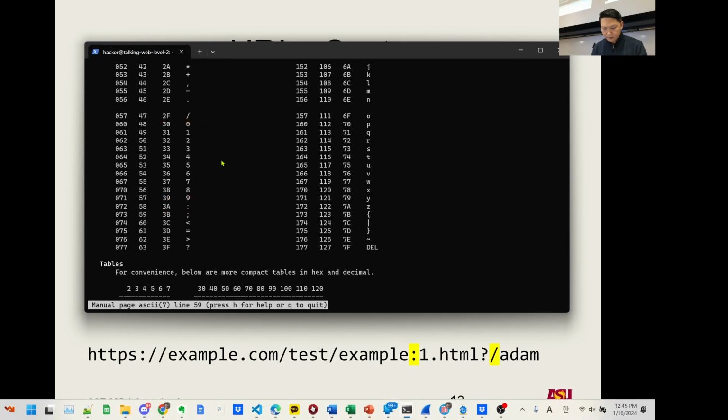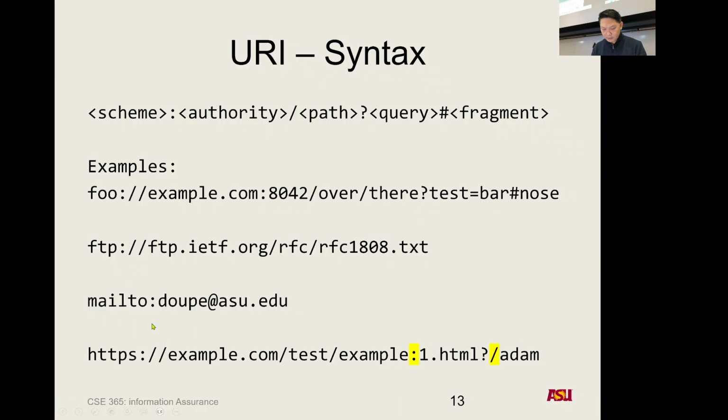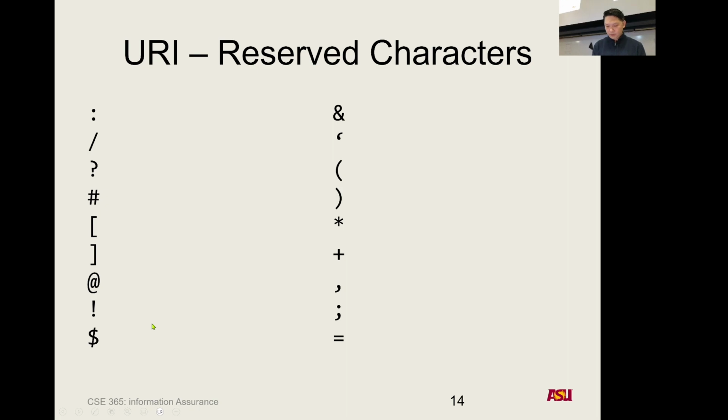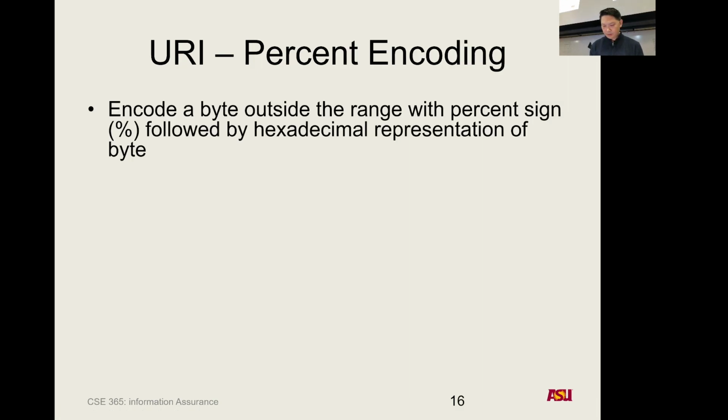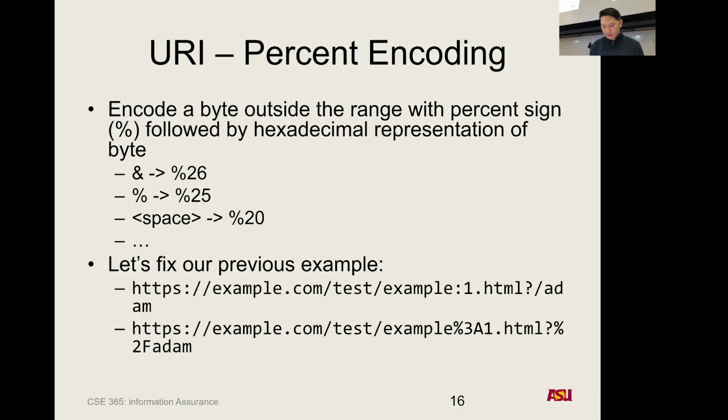So you can use that value and change the character to that code like this. So in the example, the colon should be encoded as percent 3A, and the slash should be encoded as percent 2F. Okay, that's the way to avoid the confusion.